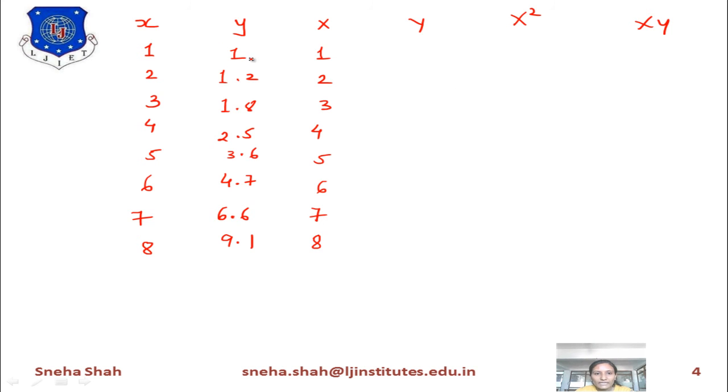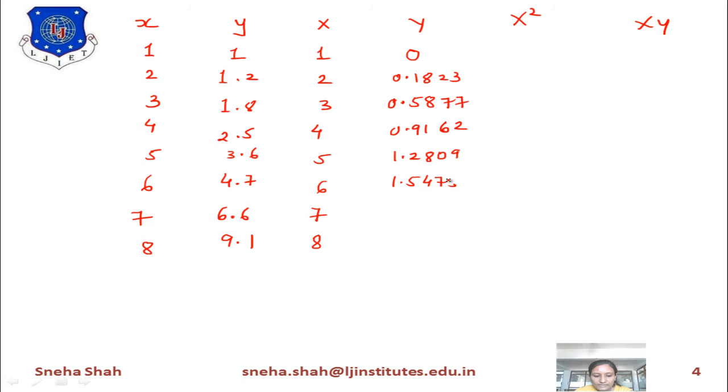So log 1 equals 0. Similarly, log 1.2 gives the answer 0.1823. Similarly, we find all the values and it gives these answers. You can verify by calculating these terms.